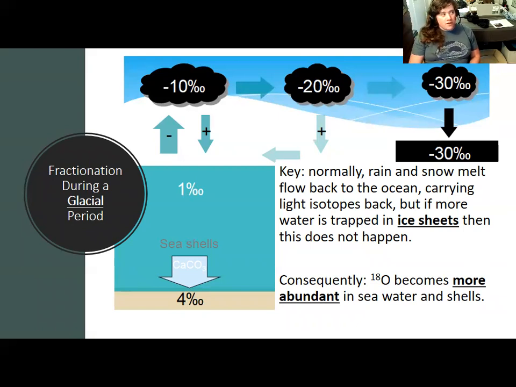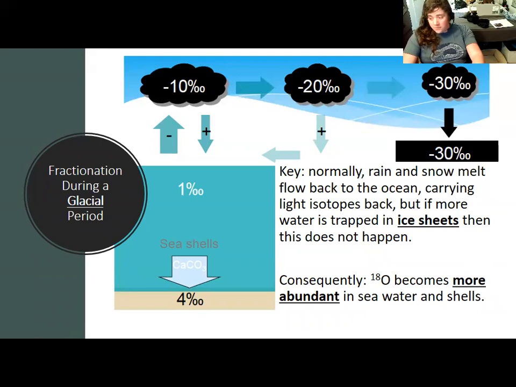Less water gets returned to the ocean via runoff, and so the lighter isotope gets removed from evaporation, and then a lot of that ends up precipitating at the poles and getting locked up in the glaciers for thousands or millions of years. And the thing is, the water can stay a really long time in the glaciers, especially in these big ice sheets.